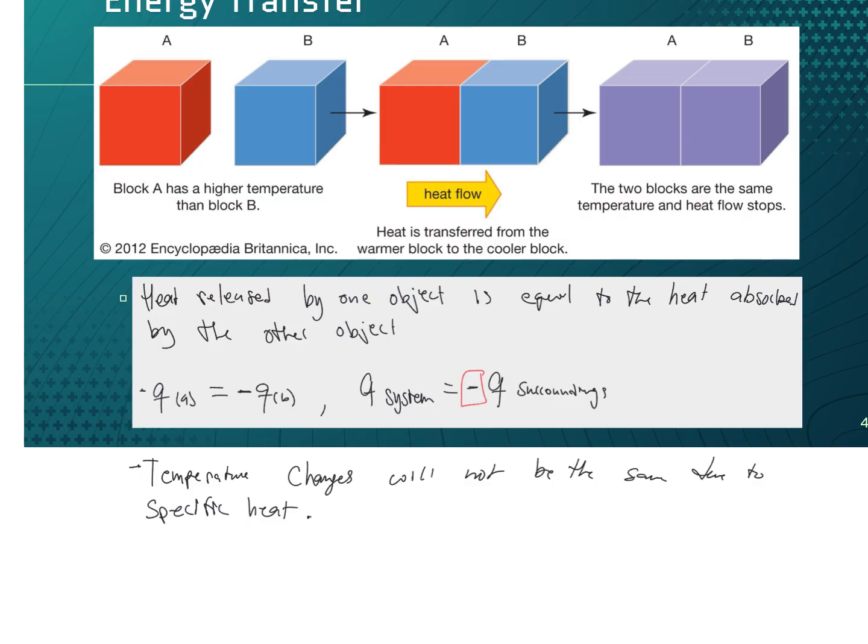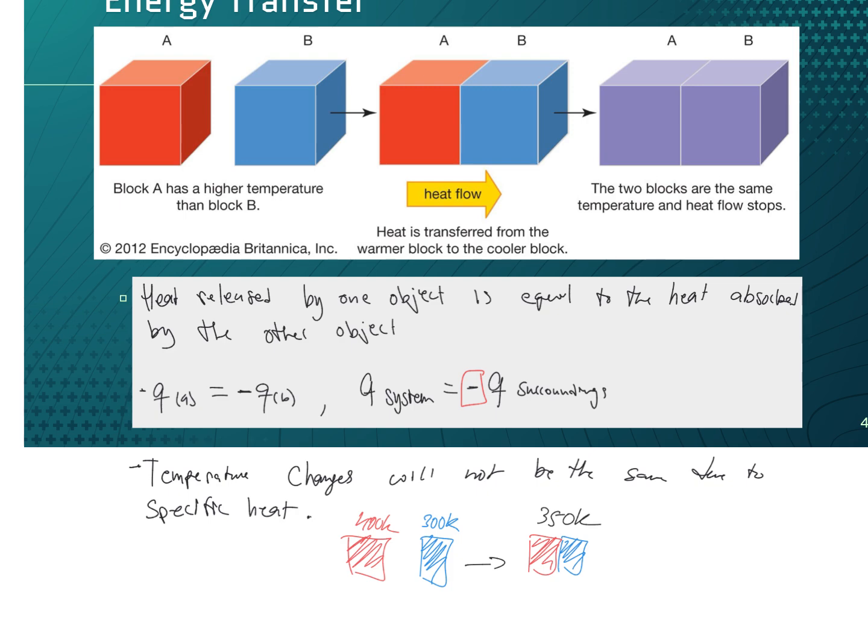So in our previous example, if I have block A, which is at 400 Kelvin, and block B, which is at 300 Kelvin, it may not be that every single time, if I put them in thermal equilibrium with each other, that block A and B together are going to be at 350 Kelvin, right? Somewhere right in the middle.